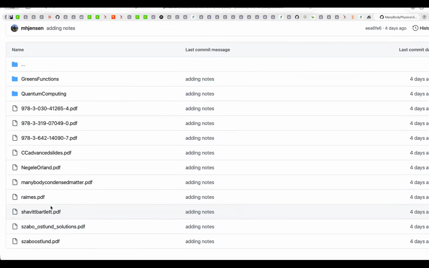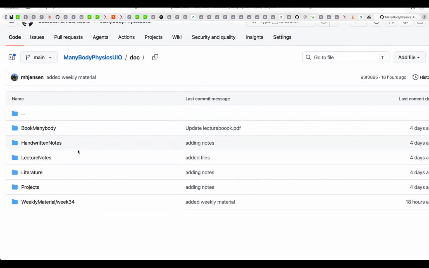You should have access to the PDF file, so you don't need to buy them, because some of them are out of print and some are quite expensive, typically in the order of thousands of Norwegian kroner, since it's a limited print. But we have the PDFs. So that's where you find additional literature.